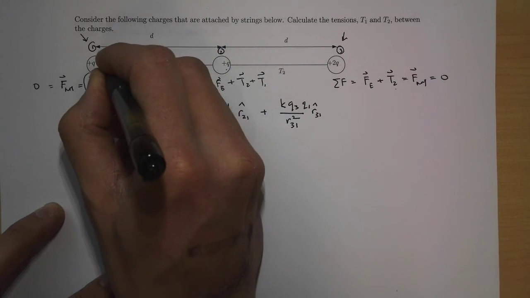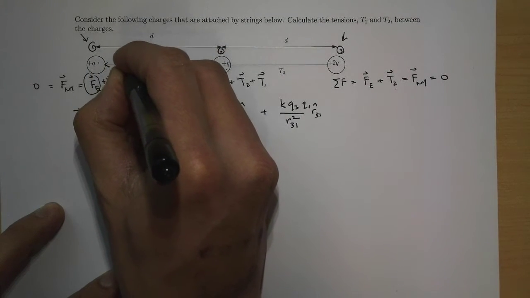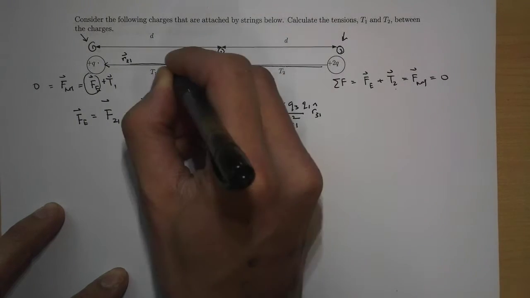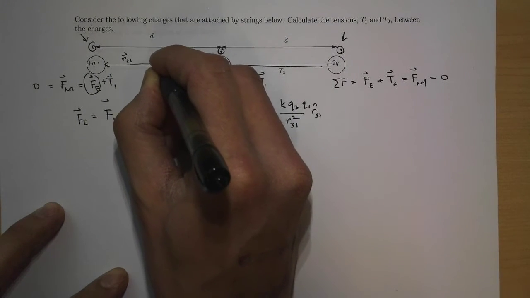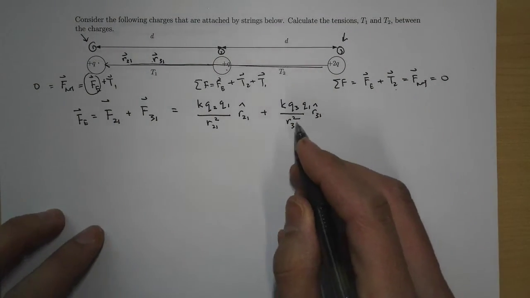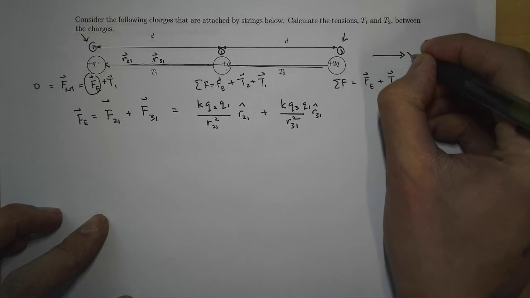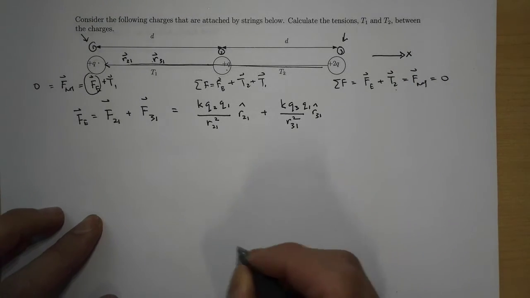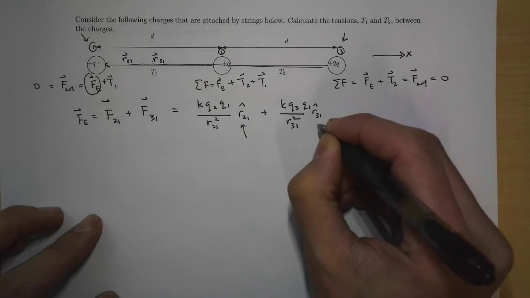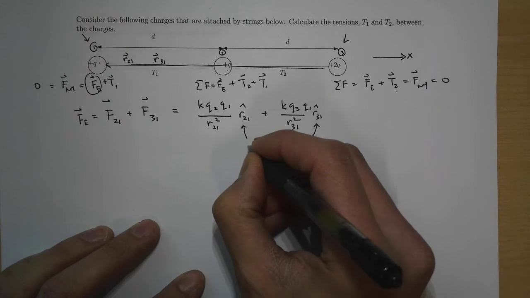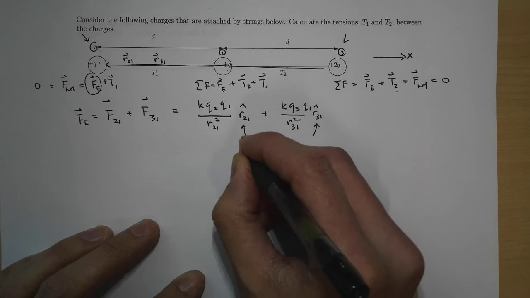Okay, so let's draw the vectors here. This one is the R21 vector, and this entire vector is R31. Now let's endow this with a coordinate system because it's one dimension. I'm calling this the positive x direction. And so these two unit vectors here, as discussed in the first example, are just minus x hat.